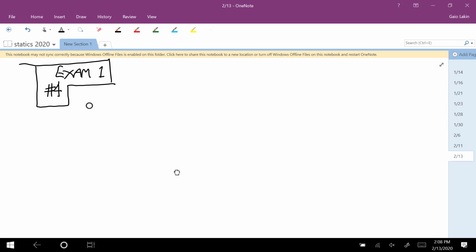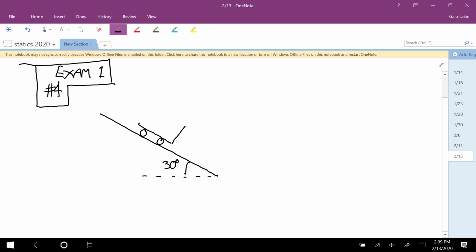And there was an incline of 30 degrees with the horizontal. And a cart, and then a mass sitting on top of the cart.